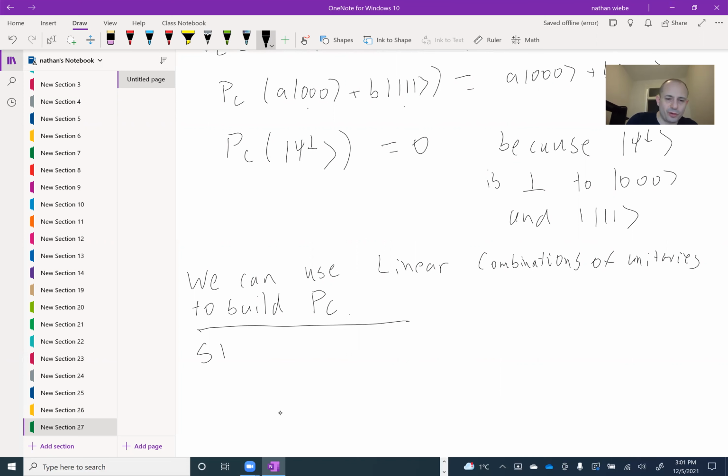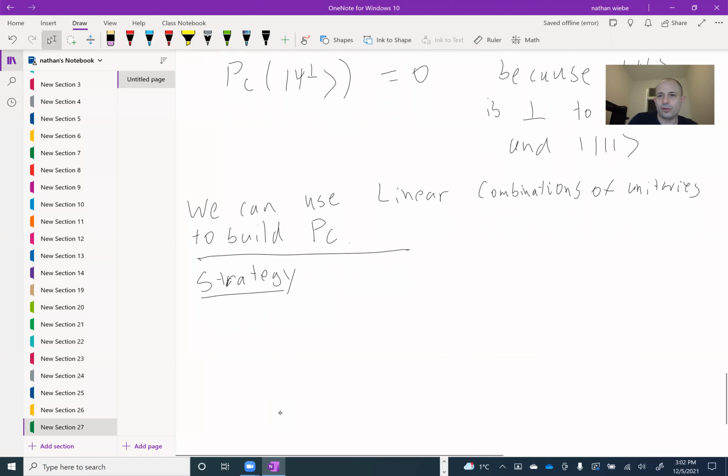So the strategy for this goes as follows, right? Very first thing that we want to do is consider constructing PC in terms of unitary operations.